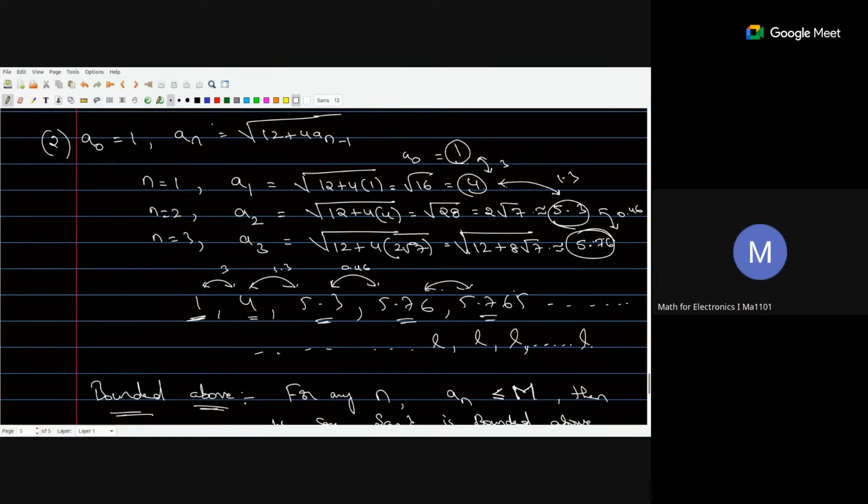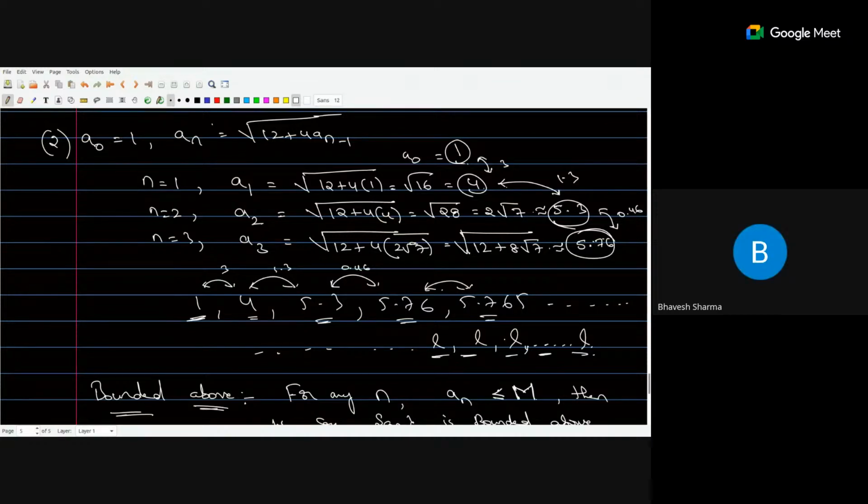So the difference between the numbers will come closer and closer to 0. Correct? And at that particular point, whatever values I have, they all will be equal to a particular value L. And any number in this sequence will not cross or go above L. Agreed?